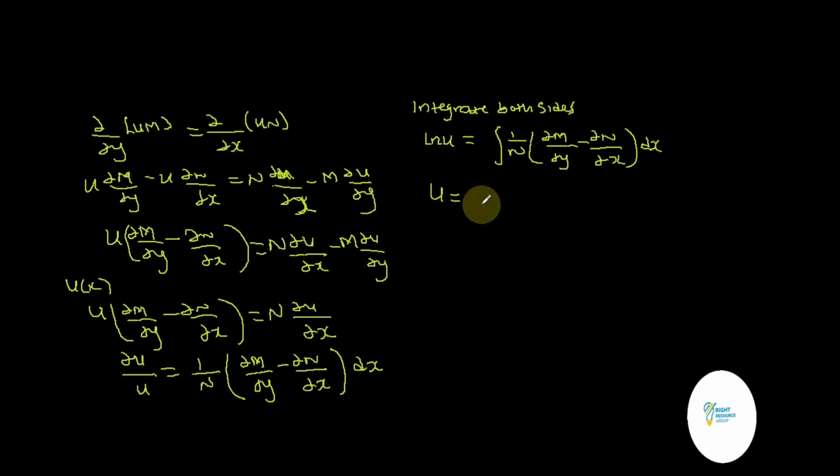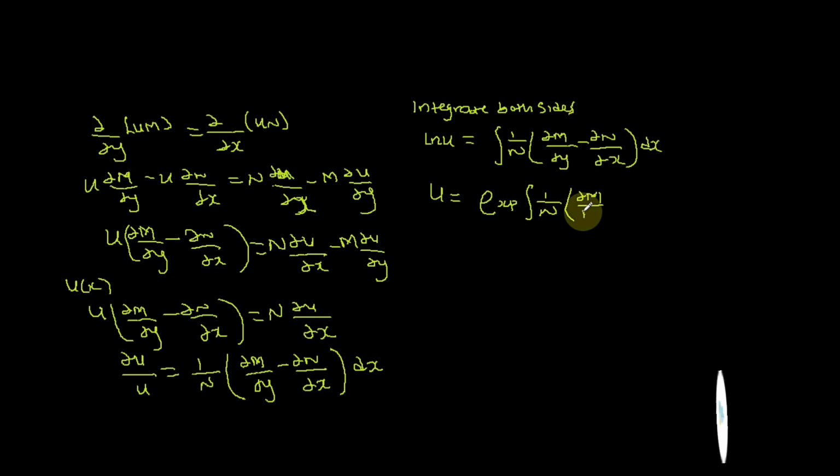Then taking exponents of both sides, u will be equal to the exponential of the integral of 1/N (∂M/∂y minus ∂N/∂x) dx. So this is our u of x.